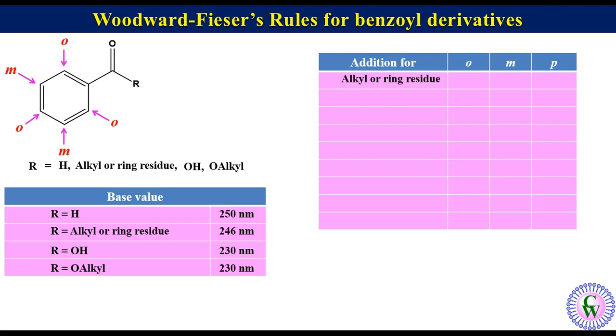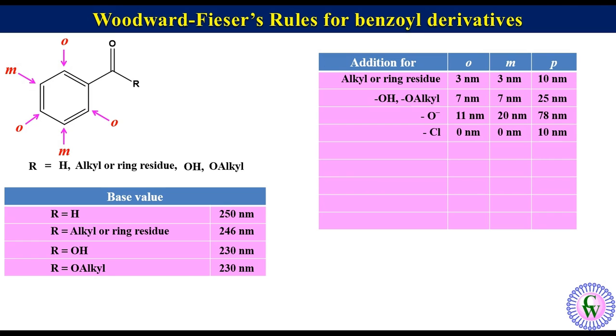For an alkyl group or a ring residue at ortho, meta and para position, addition values are 3, 3 and 10 nanometer respectively. For hydroxyl group or alkoxy group it is 7, 7 and 25 nanometer. For O minus 11, 20 and 78. For chloro 0, 0 and 10.